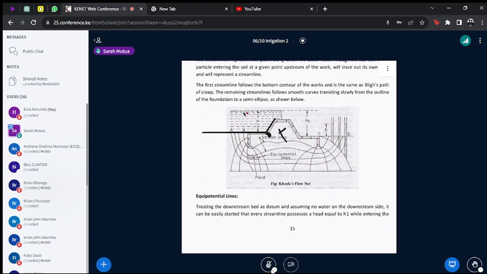Okay, sorry. If you get at that point, you get at that point, you get at that point. So long as you have a hydrostatic condition, the hydraulic head is going to be the same. The energy is going to be the same. And if you measure it in terms of H, and if you were to take the downstream elevation as a datum, then your hydraulic head or the equipotential or the energy is going to be equal to the height of the water at that point. And it is going to be constant all the way.